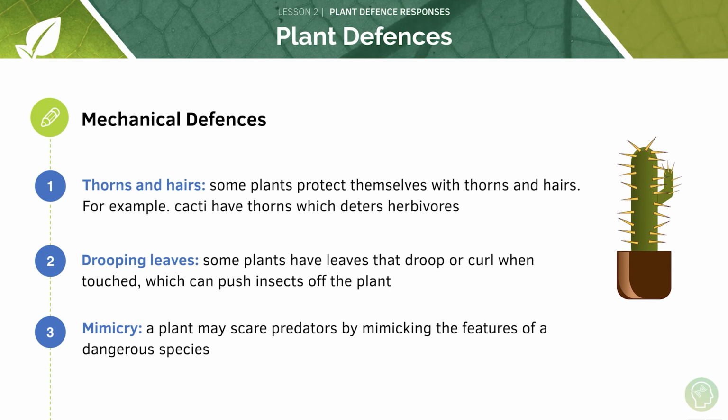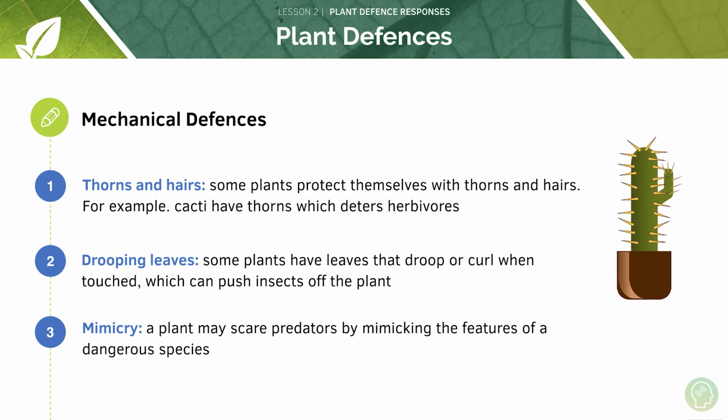And also some plants adopt mimicry, so basically they mimic features of, for example, a dangerous species, or perhaps even in other cases mimicry can be used by plants to mimic a female partner. So for example, some flowers can mimic a female partner of a pollinating insect, which then attracts that insect and helps to increase pollination.